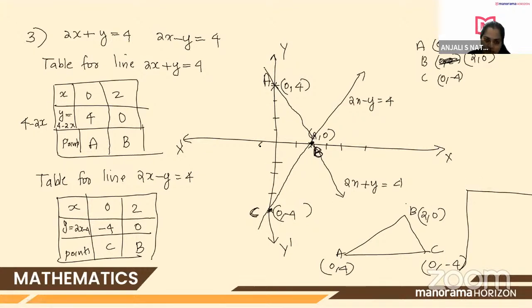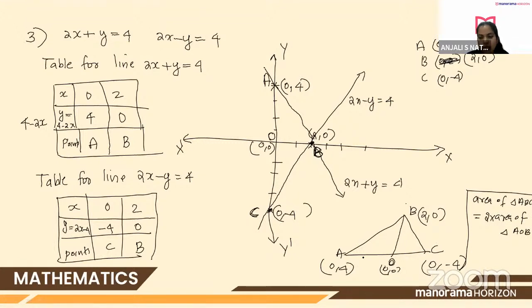So what is the coordinate here? 0, 0. We can take it as O. This point is O and the coordinates are 0, 0. So we have to find the area of the triangle ABC. Area of triangle ABC is equal to 2 into area of triangle AOB.